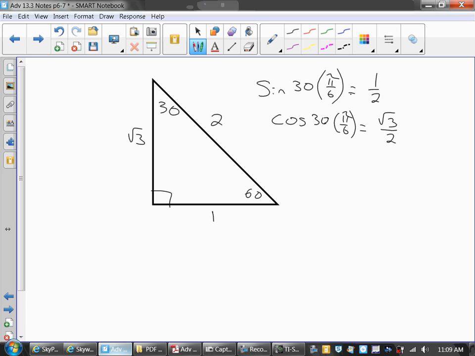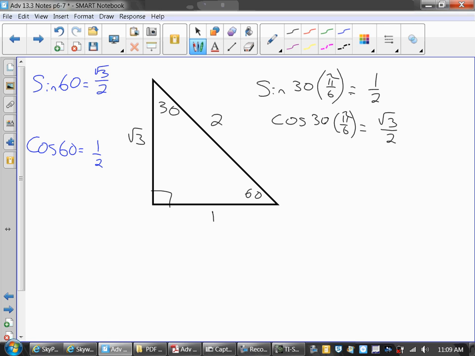Let's do the same thing. Sine of 60 and the cosine of 60. The sine of 60 is how much? Root 3 over 2. Cosine of 60 is 1/2.